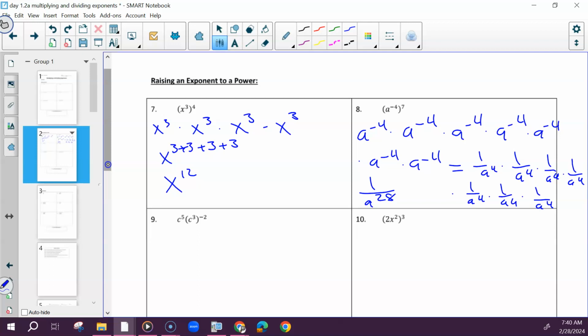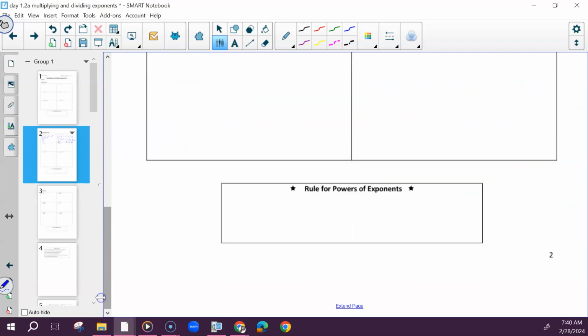Multiply. Yes, multiply. Oh, I thought I was going to say that. It's not a race, you could still say it. Multiply. There we go. So when raising an exponent to another power, we multiply the exponents.